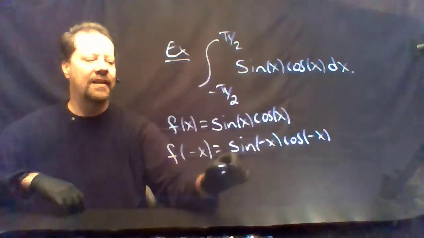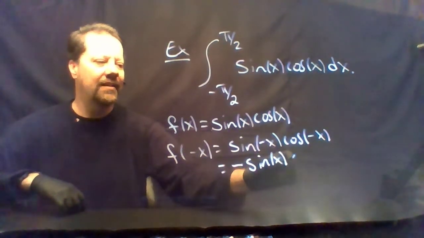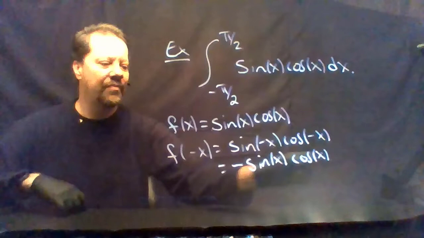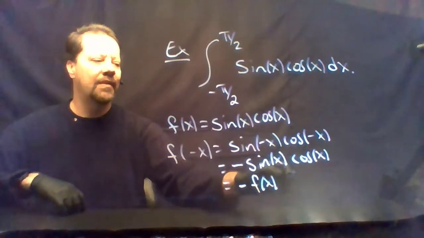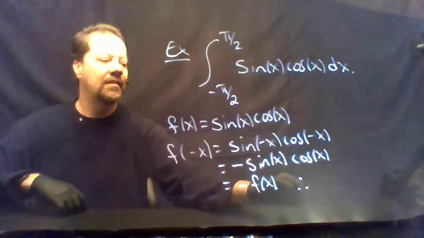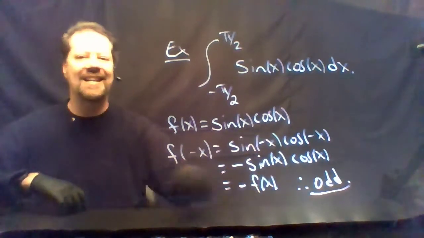On the sine, a negative comes out, and on the cosine, the negative disappears, which means I get the negative of the original function. That means this function, sine x times cosine of x, is odd.